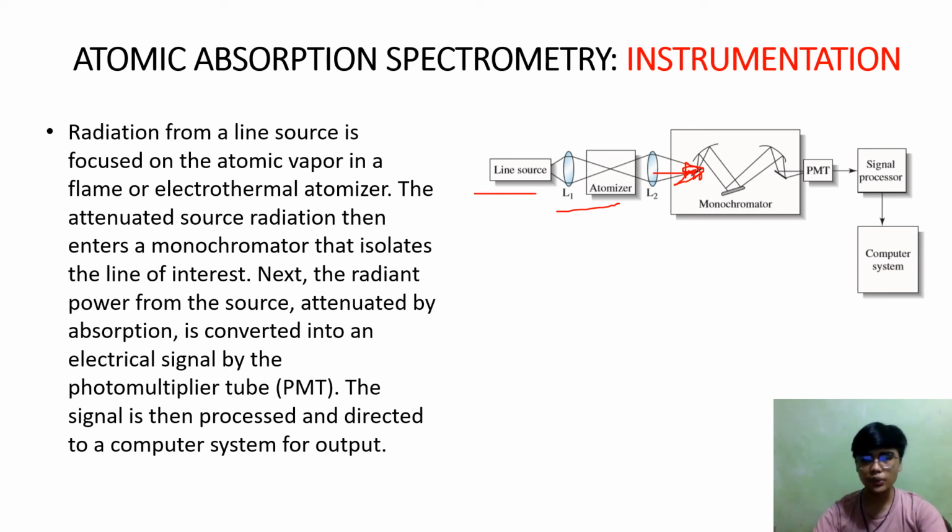Next, the radiant power attenuated by the absorption is converted into electrical signals by the photomultiplier tube, or PMT. Then it is transferred to the signal processor, where it is processed and directed into the computer system.